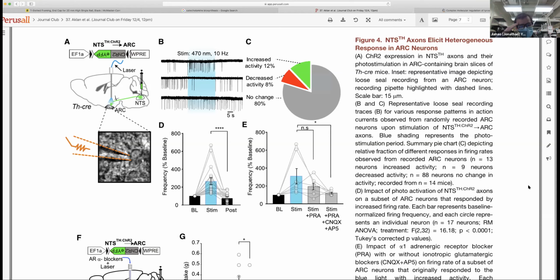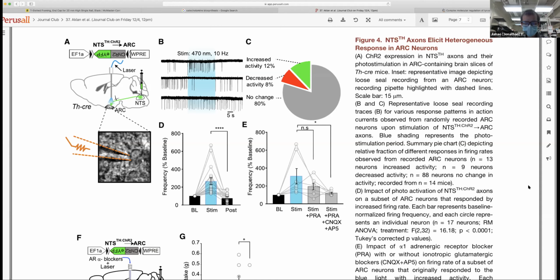Then they pick a similar strategy using optogenetics, starting from the NTS, and they look at its terminals in the ARC. Again, at the bottom part of A, you see what you really see in the brain slices when doing the patch clamp recording.